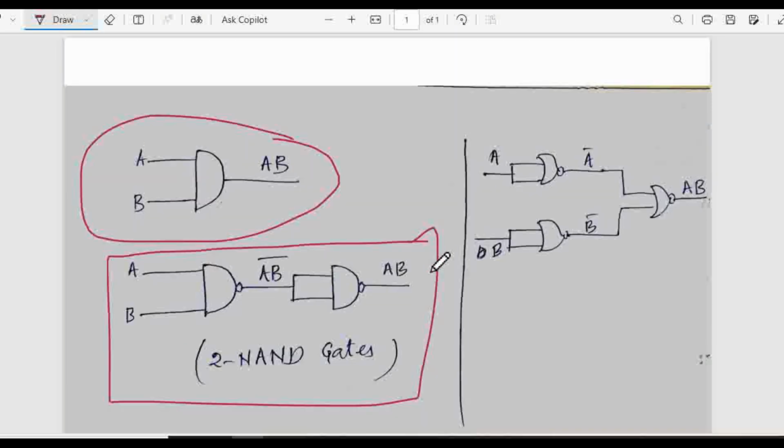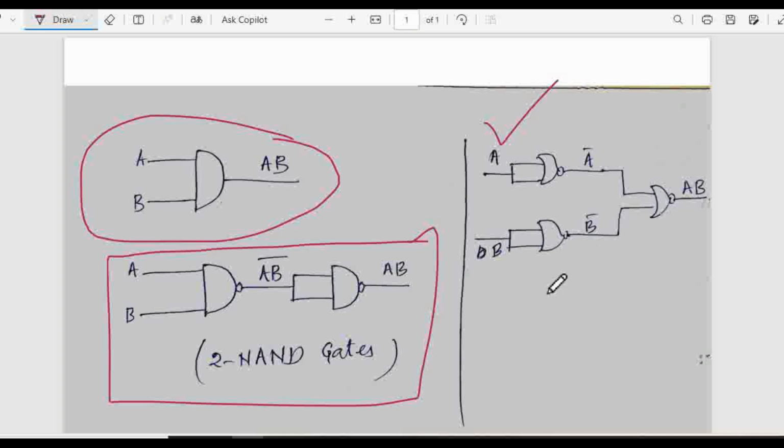Okay. Similarly, this is for the use of NOR gates. How many NOR gates can you use to construct an AND gate? 3 NOR gates we can use. You see, A connected to this NOR gate will give A bar. B connected to this NOR gate will give B bar, and both are connected to another NOR gate, it will give you AB.